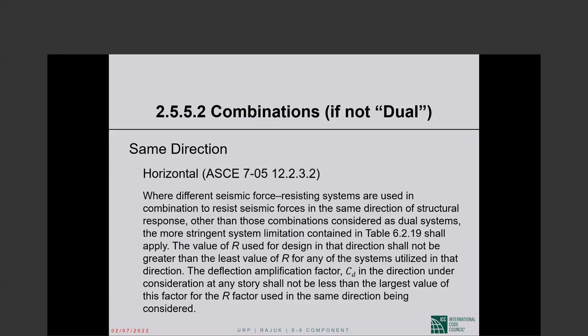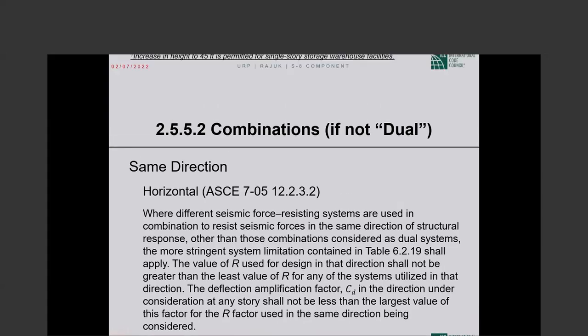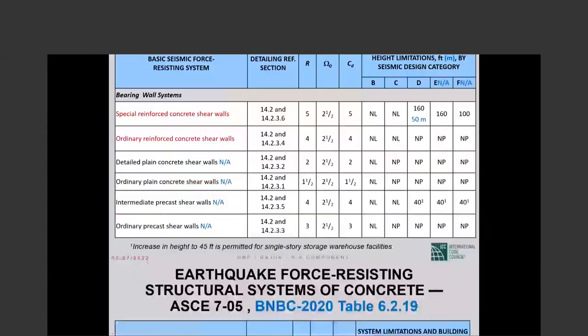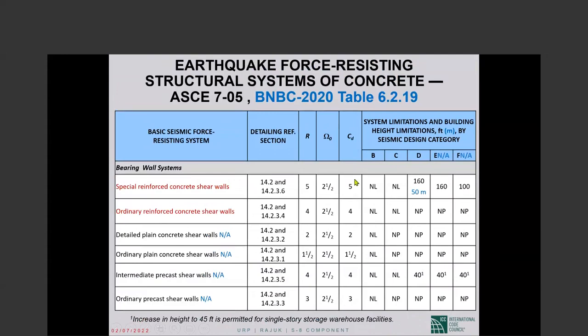We are essentially saying R will be the smallest R value of the different systems that are strung together. C sub D shall be the corresponding C sub D, like if the smallest R value comes from a bearing wall system, the corresponding C sub D of 2.5 will be the C sub D of the combination.